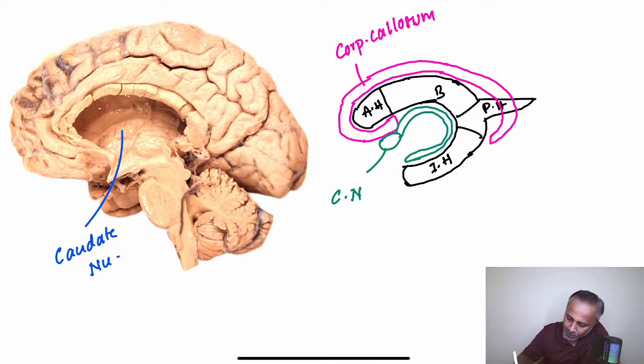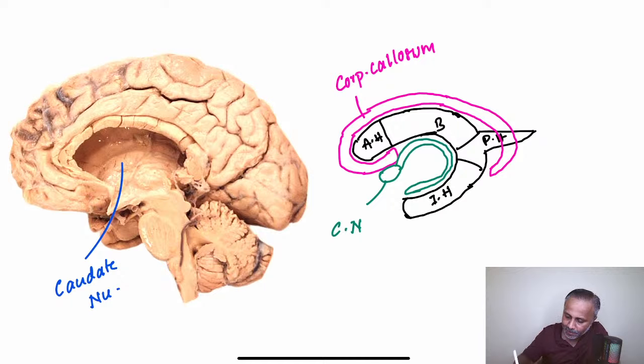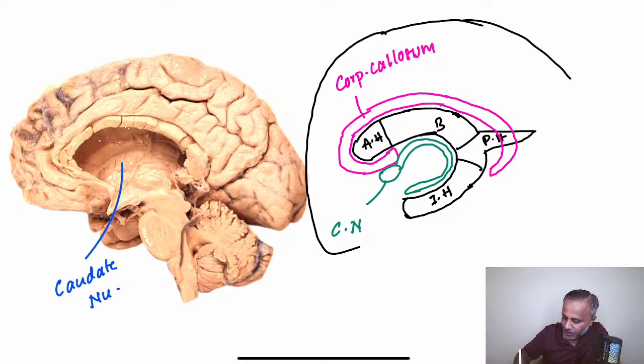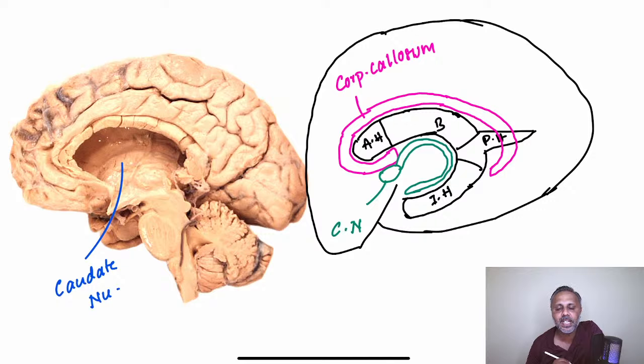So if you complete the outline of the entire brain, let's imagine we'll draw the outline of the brain here. We are talking about the medial surface and this is the temporal lobe. The relations of the inferior horn are, at the roof, it is related to the tail of the caudate nucleus, whereas in this region, it is related to two important structures.